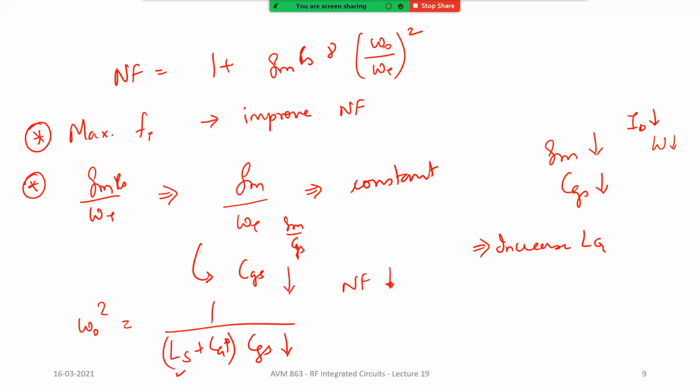Okay, so which means that if you keep reducing the size of the transistor, keep reducing CGS and keep increasing Lg, your noise figure is bound to improve. Which is why usually the noise figure is limited by the max Lg that is possible.